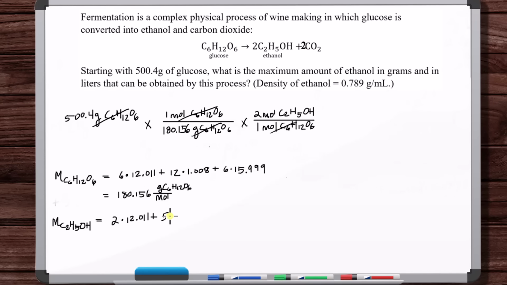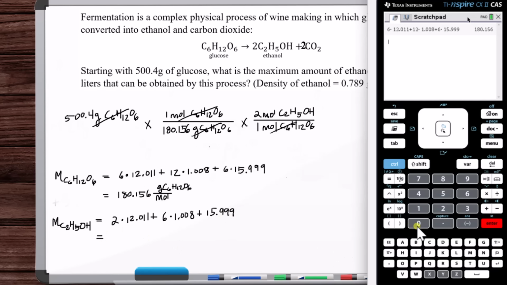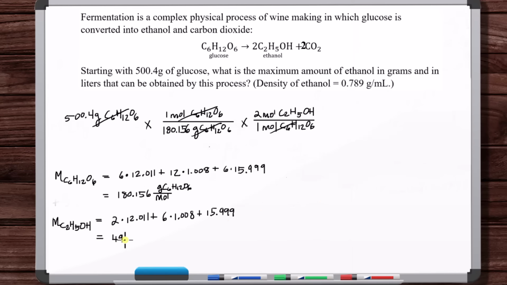You've got 6 hydrogens, and 1 oxygen. Okay, so 46.069 grams of C2H5OH per mole.